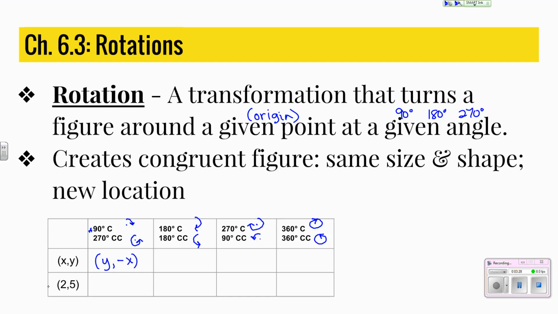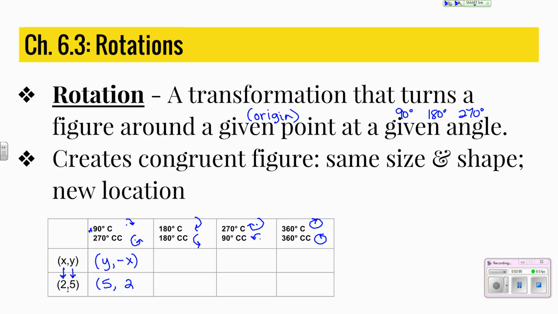So what that means, just let me refresh your memory, is in this case my Y coordinate is a 5. Okay? So my Y coordinate now goes to the X coordinate's place. So for my rotated point, this is now the X. I'm going to go 5 to the right or left. My X coordinate moves to the Y spot, and it changes signs.